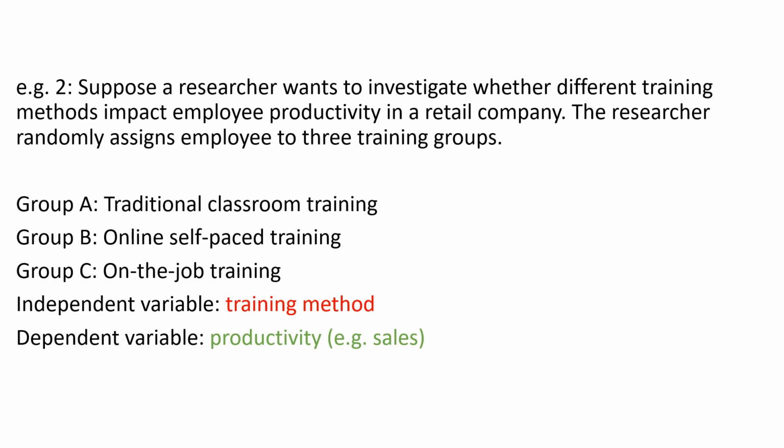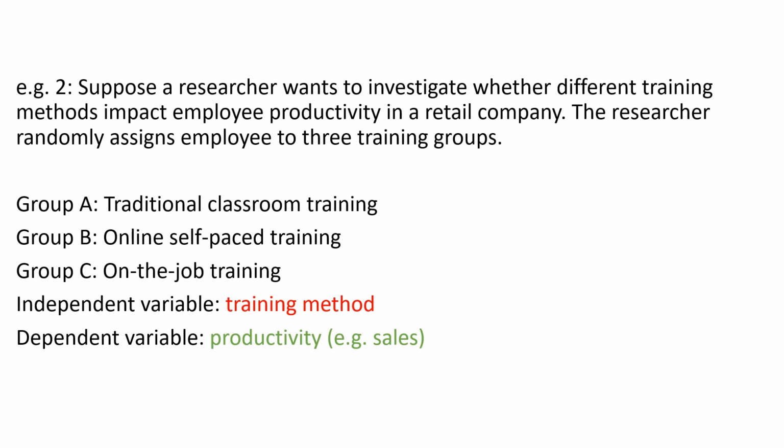Suppose a researcher wants to investigate whether different training methods impact employee productivity in a retail company. The researcher randomly assigns employees to three training groups. For group A, the participants were exposed to traditional classroom training. For group B, online self-paced training, while for group C, on-the-job training.